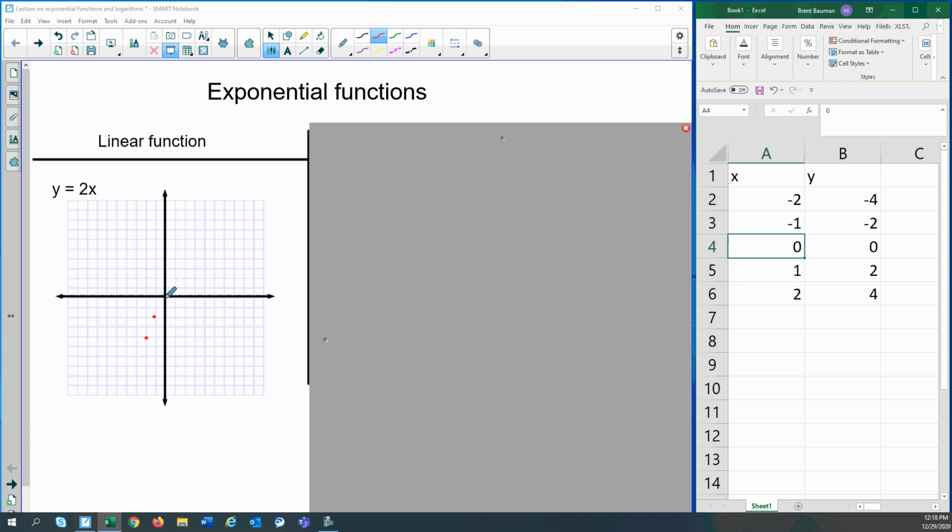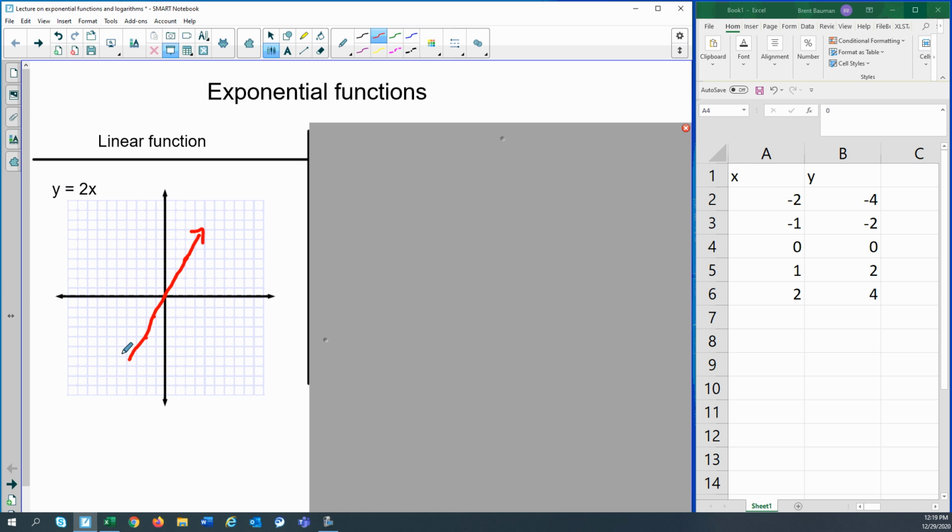Okay, and then we have 0, 0. We have 1 up 2 and 2 up 4. Okay, so we should create a nice straight line with our linear equation.